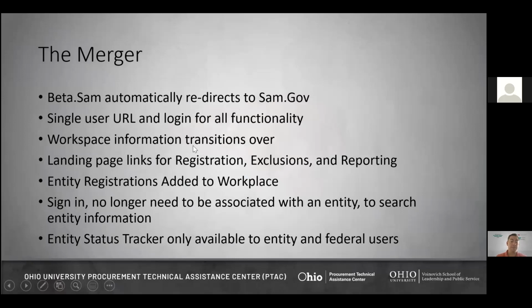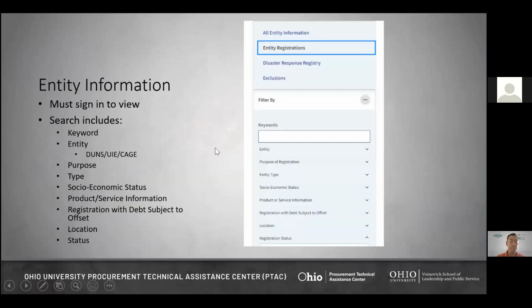Here's more information about the merger. We've kind of covered that a good bit. If you have any questions on changes, we can always answer them. For your entity information, you can search entities, but you have to be signed in. So there's no longer just popping in information and pulling out some entity info.